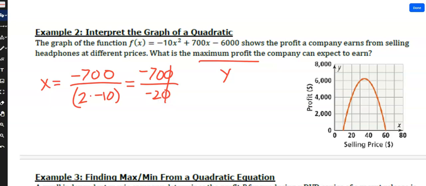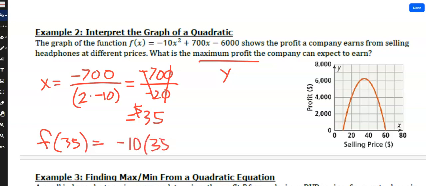Of course, 0, that cancels out, and then the negatives cancel out, and that leaves me with 35. So 35 is the correct selling price. Did they ask me that question? No. They wanted me to find out the maximum amount of money I can make. So, truthfully, they want me to plug in 35. Okay. Negative 10 times 35 squared plus 700 times 35 and a minus 6,000.